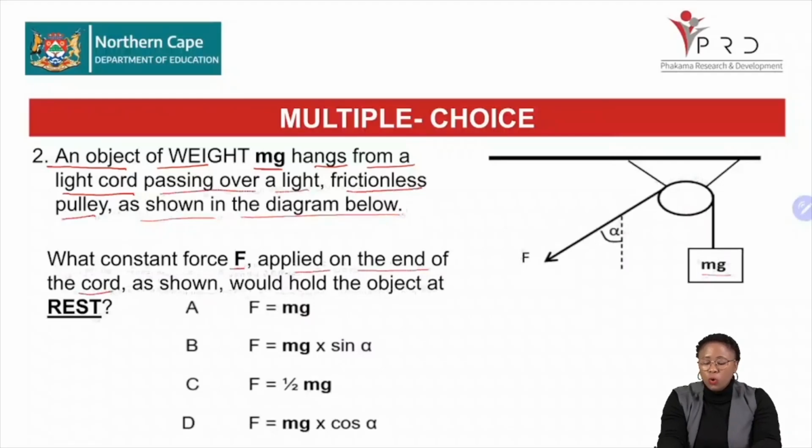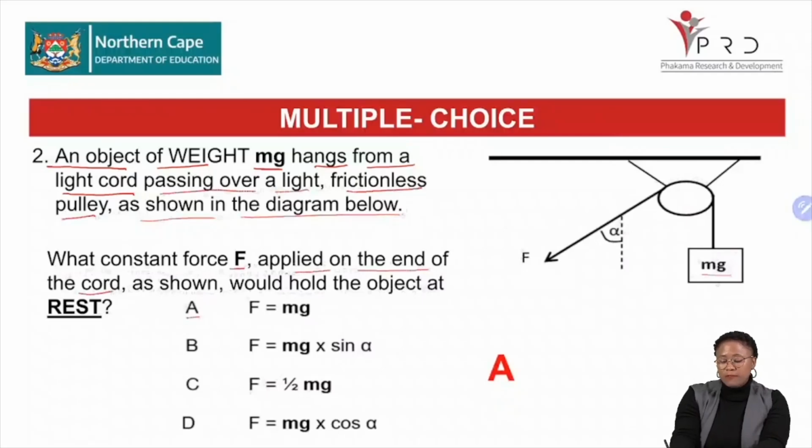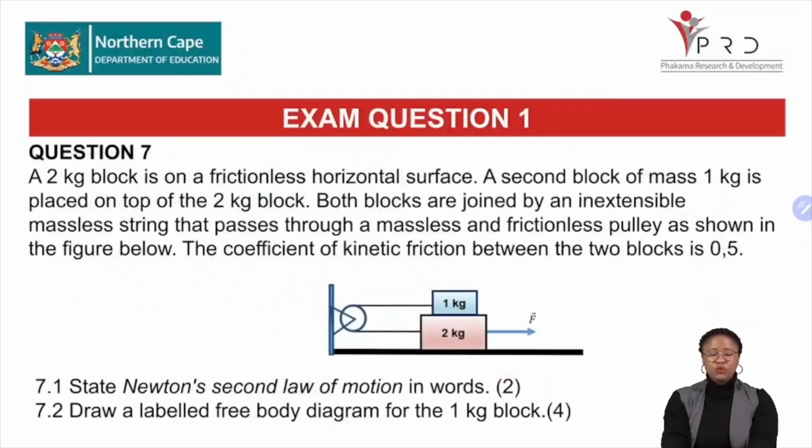Is it either A, F is equal to mg, B, F is equal to mg multiplied by sine theta, C, F is equal to half mg, or D, F is equal to mg cos theta? So the correct answer is going to be A, because Fg is the force that will be opposing force F and will hold this object at rest, because the tension force that is here and the Fg force would have been balanced. All right. Now we quickly move on to long questions.